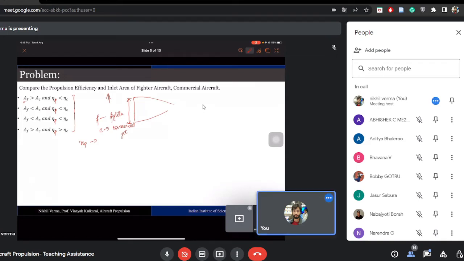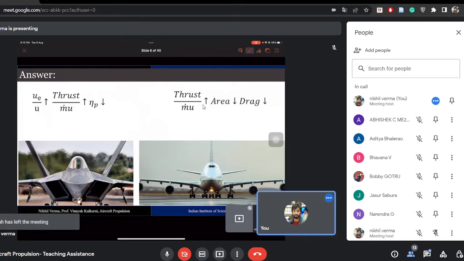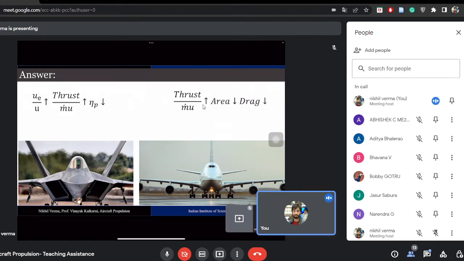Yeah, yeah. So okay. Coming to the answer for this, as UE by U exit for a fighter jet, they are comparable. So the thrust, okay, one minute. Yeah.